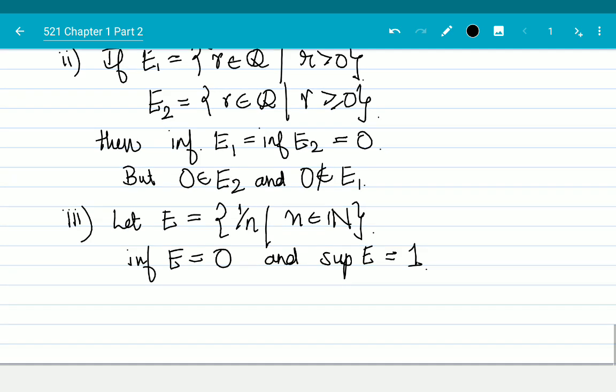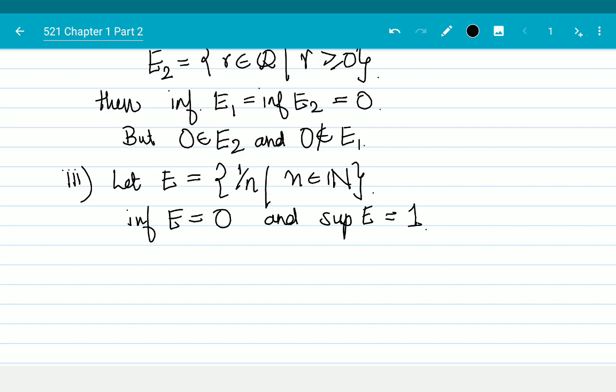You should check this. If you're not super familiar with infimum and supremum, this might be slightly non-trivial. Supremum is 1 because that is the largest number in the set. But infimum being 0 might need some convincing for yourself. Think about the largest number that is smaller than everything in E, and try to prove that it's 0.